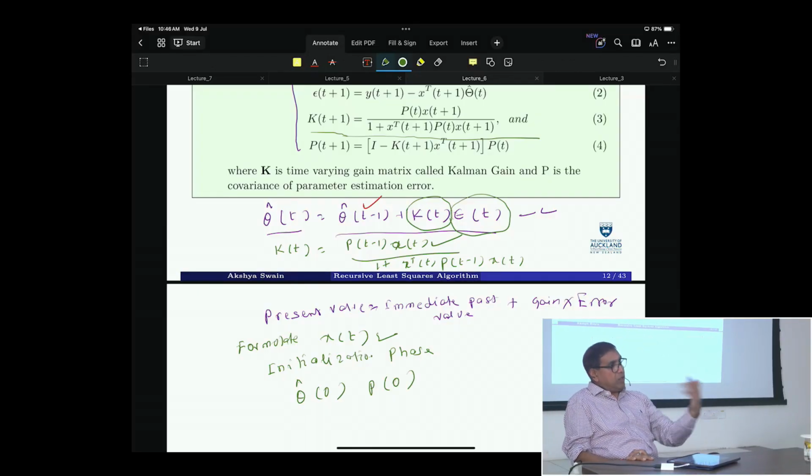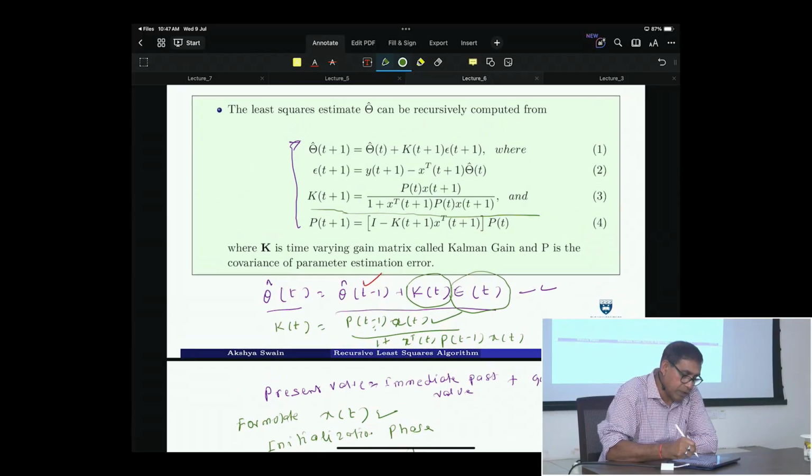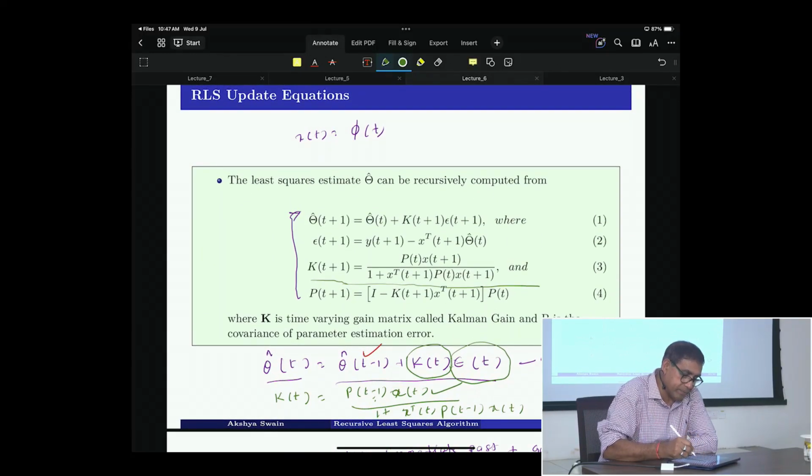When you start, what is the initial value? You have to assume it. Otherwise, you can start anywhere, right? You assume that, then you start. Now you are assuming these things. Now this pt minus 1 is known, right? Because you are at time t. So kt is known, everything is known, you got kt.